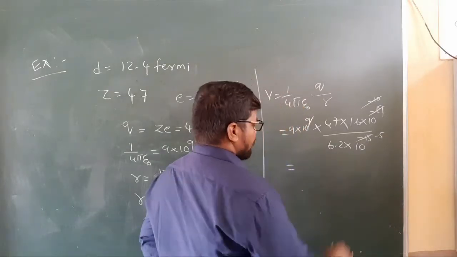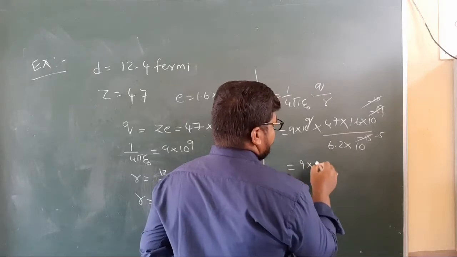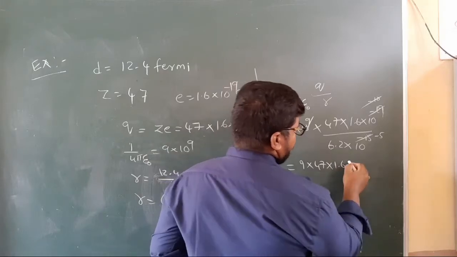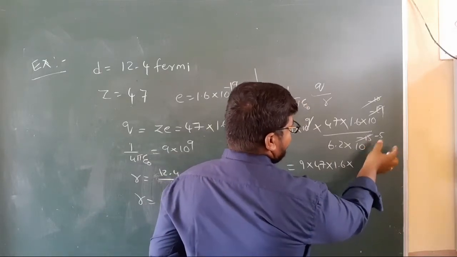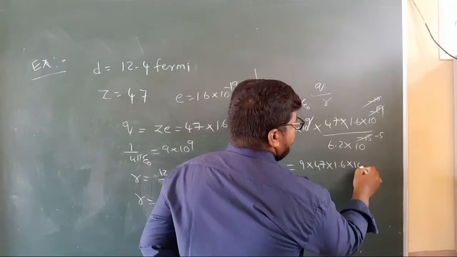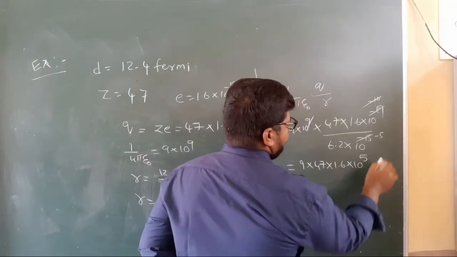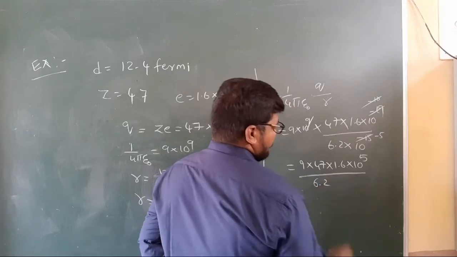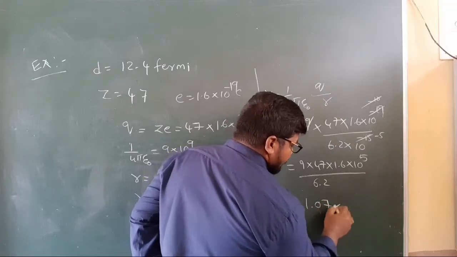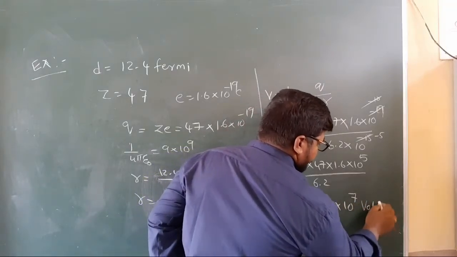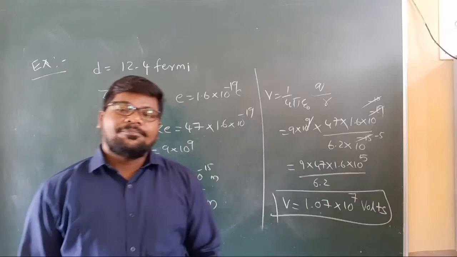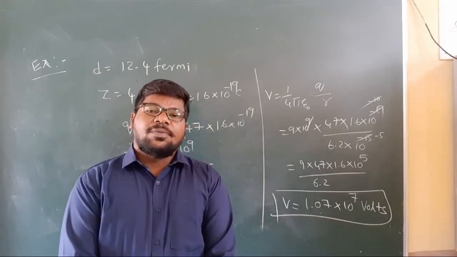Then 9 into 47 into 1.6 into 10 power 5 divided by 6.2. After cancelling, we get 1.07 into 10 power 7 volts. Is it clear, my children? Yes. So 1.07 into 10 power 7 volts.